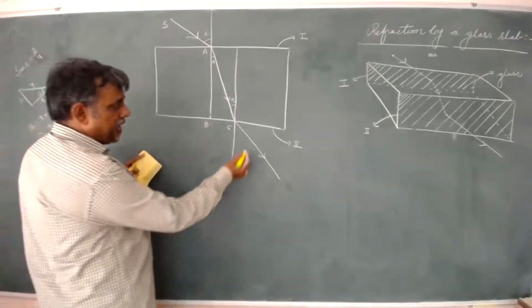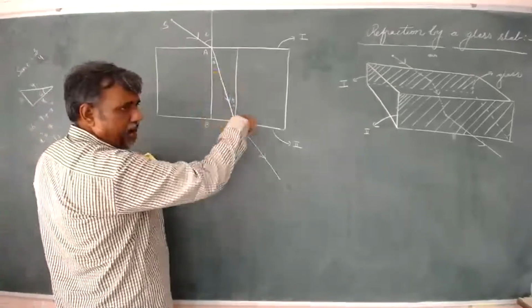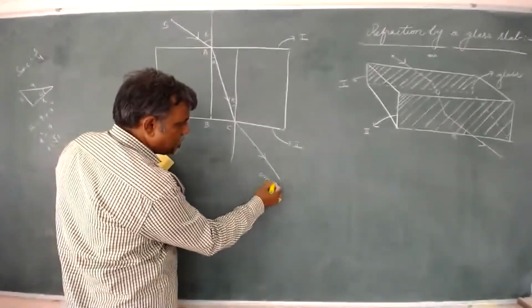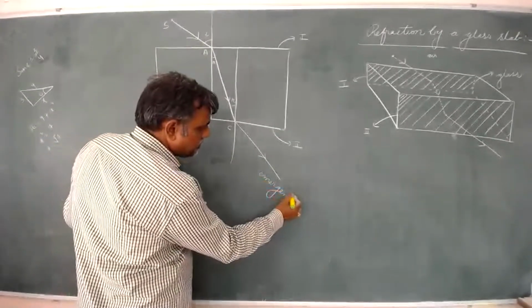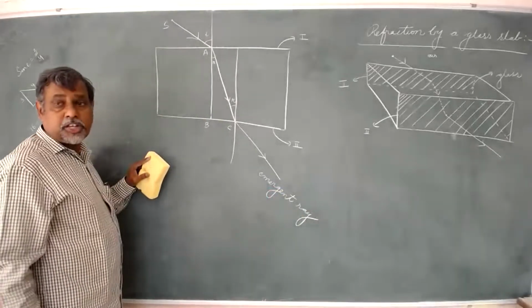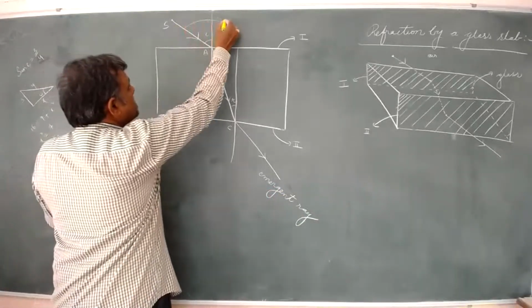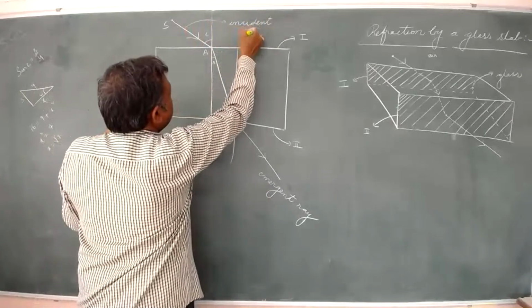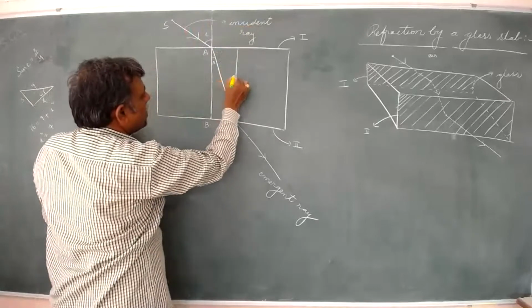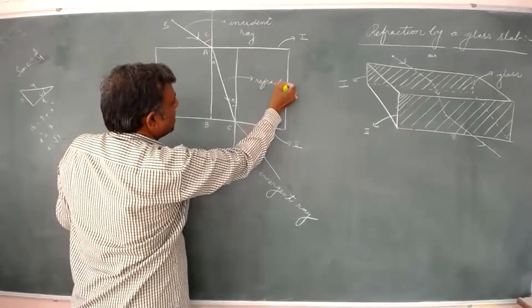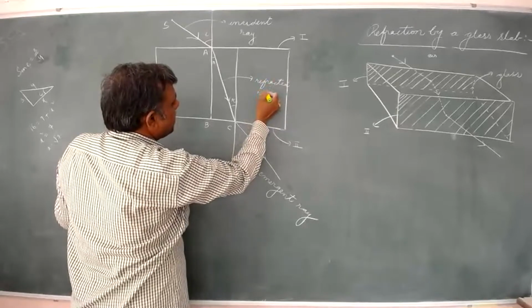This is the light ray obtained after all these refractions. This is called the emergent ray. This is the incident ray, and this is the refracted ray.